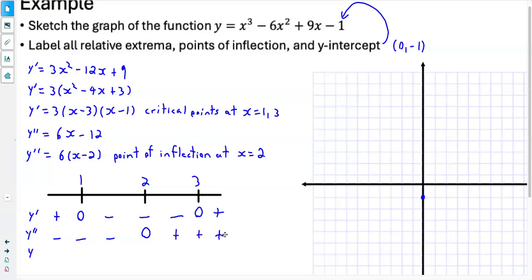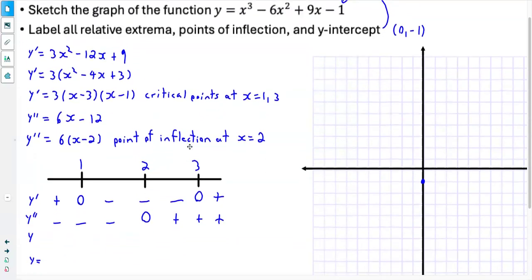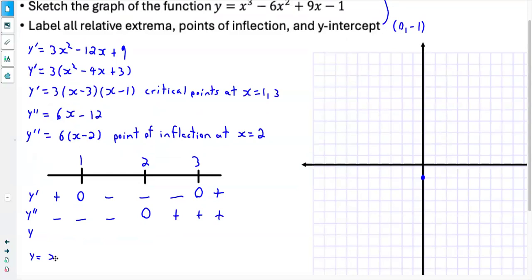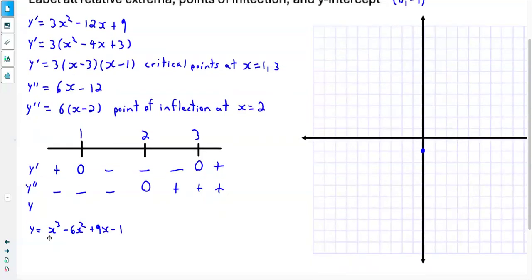What we'll do next is figure out what our actual y values are at 1, 2, and 3. So I'll just rewrite our equation down here. We had y equals x cubed minus 6x squared plus 9x minus 1. So we want to evaluate it at 1, 2, and 3. So y when we're at 1 is 1 cubed minus 6 times 1 squared plus 9 times 1 minus 1.